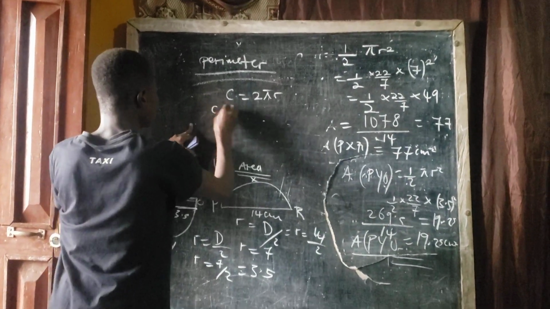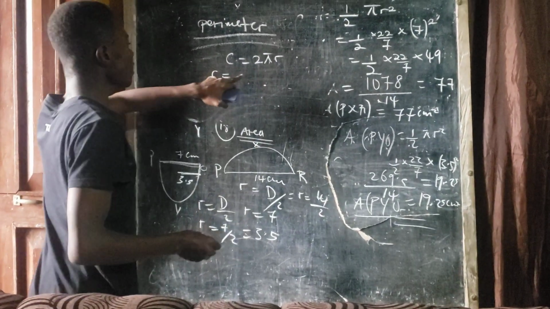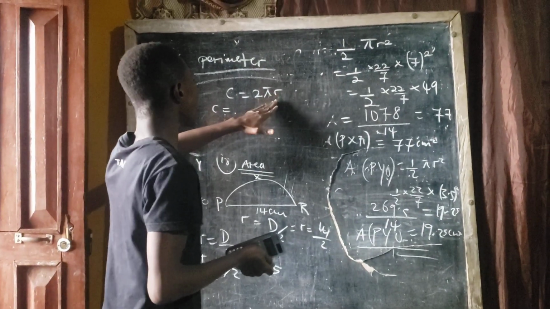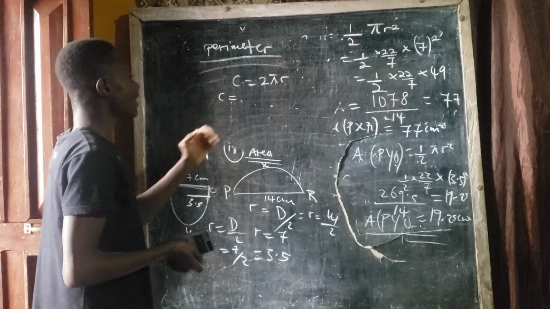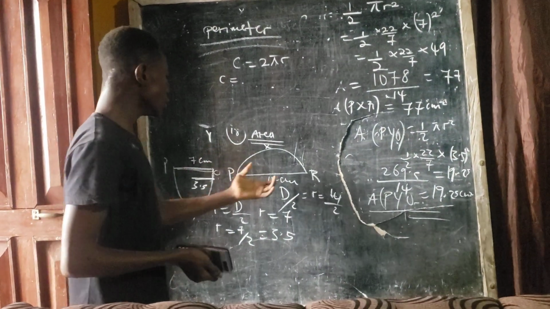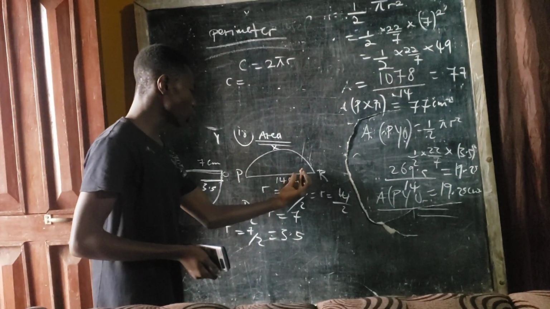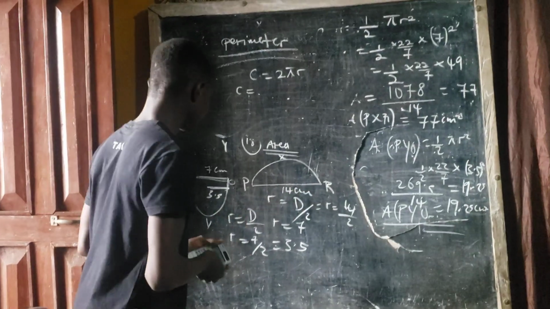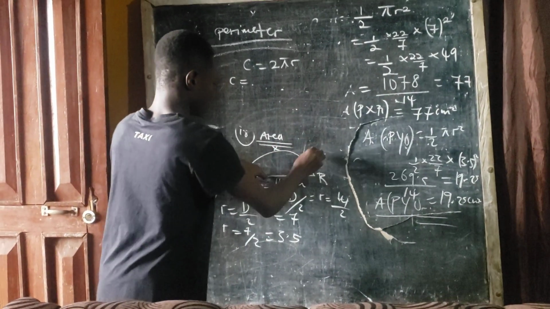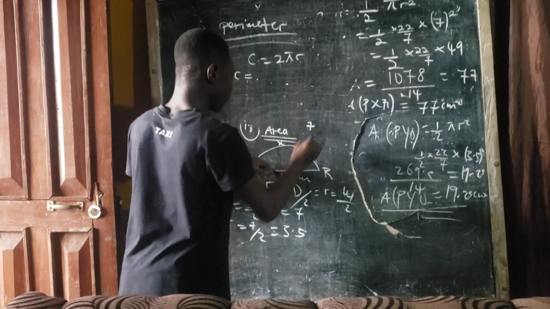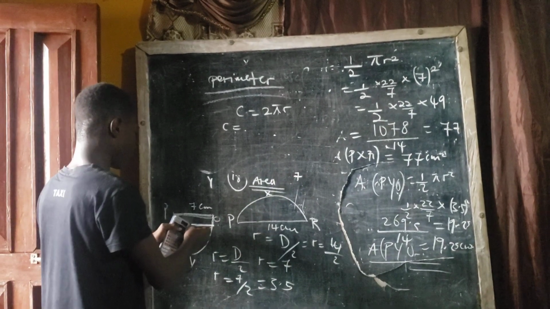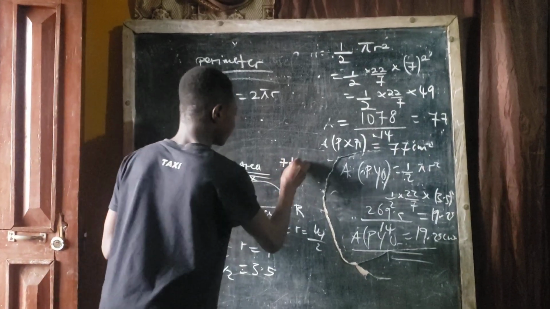So the perimeter C is equal to 2 pi r. But we need to find the radius of the two circles. Mind you, this first one has a radius of 7, and this other one has a radius of 3.5.